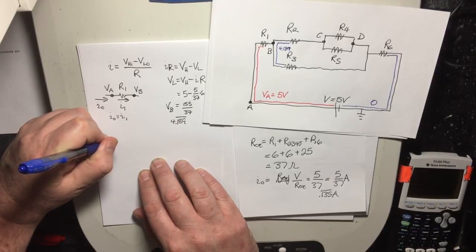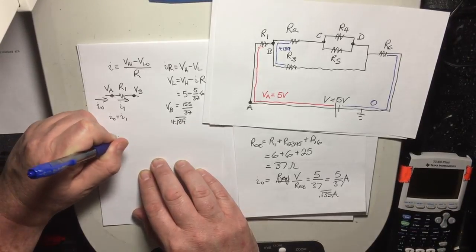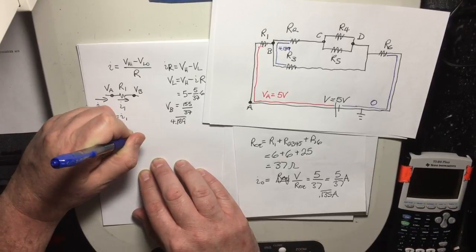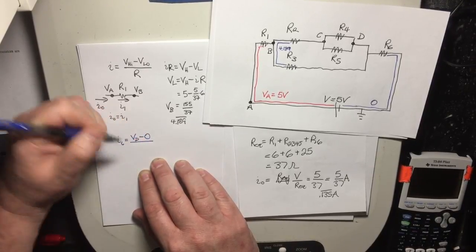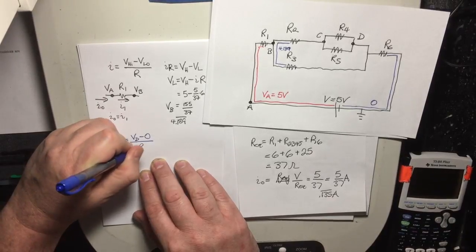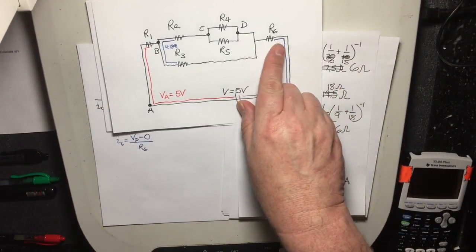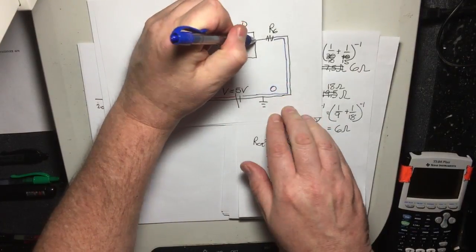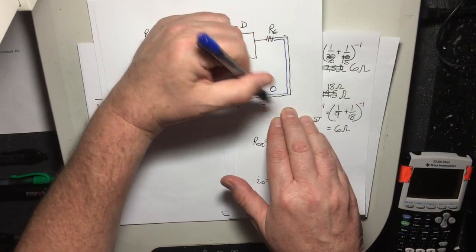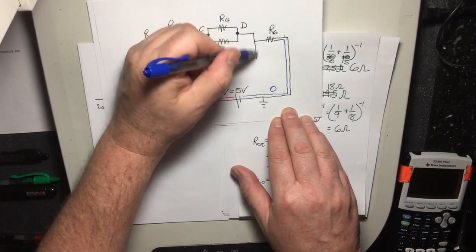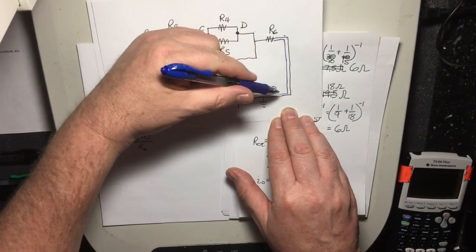R6, the current flowing through R6 is V sub D minus 0 divided by R6. The current flowing through R6 starts here, ends here, and it ends at ground. The high will be V sub D. The low is 0.